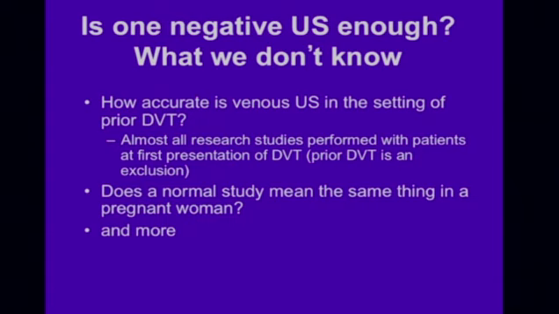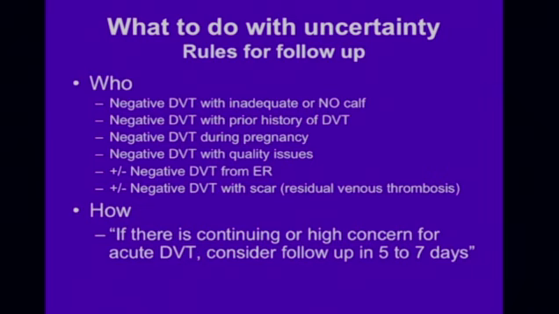What does that mean? Well, if the patient had a prior DVT, we don't know if one study is safe. If a patient is pregnant, we don't know if one study is safe. So we're rather liberal in recommending a follow-up in 1 week. And we say that in our report by saying if there is continuing or high concern for acute DVT, consider follow-up in 5 to 7 days.